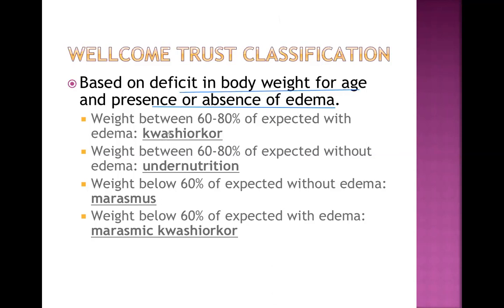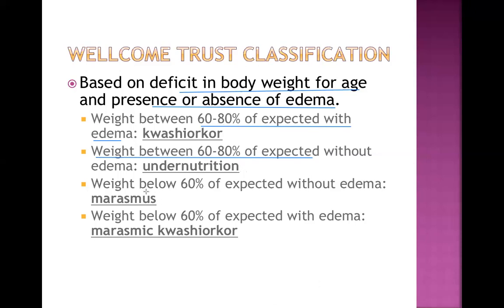Now, if the weight falls between 60 to 80% of the expected with edema, this is called kwashiorkor. This is the definition of kwashiorkor. Now, without edema, if weight falls between 60 to 80% of the expected, this is undernutrition.